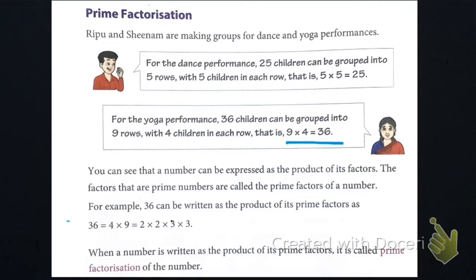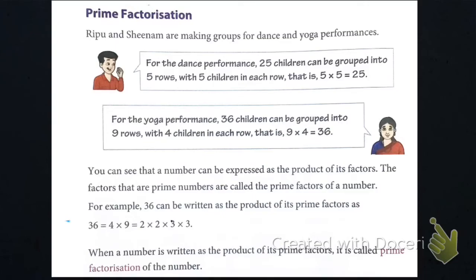Here 36 was written as 9 into 4, but again we can write 9 as 3 into 3 and 4 as 2 into 2. 2 is a prime number and 3 is also a prime number. So when you write 36 is equal to 2 into 2 into 3 into 3, it will be called prime factorization of a number.